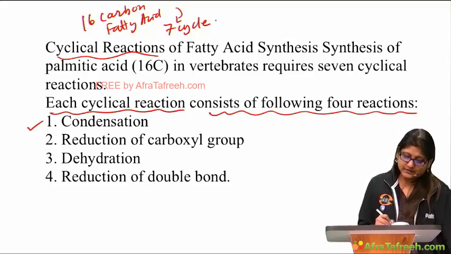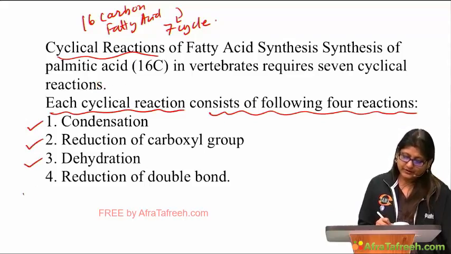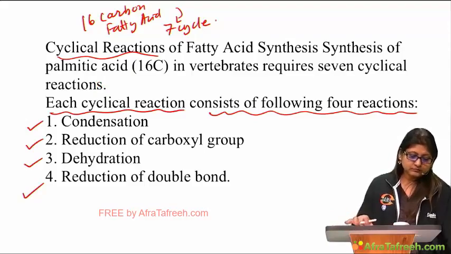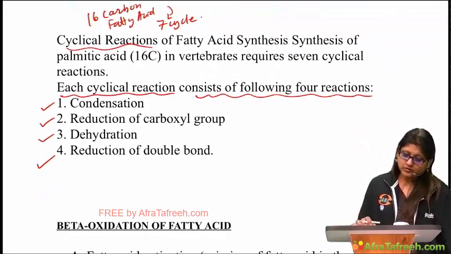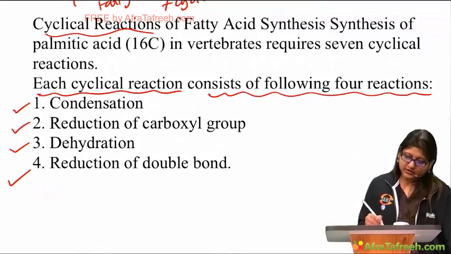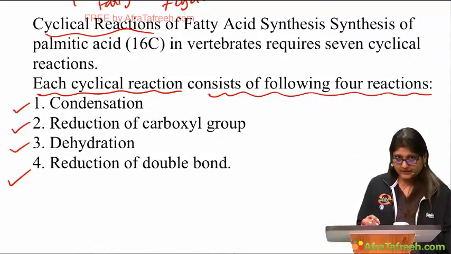One is condensation, then reduction, then dehydration, then reduction of double bond. So these are the 4 reactions which are required for making of fatty acid: condensation, reduction, dehydration, and reduction of double bond.